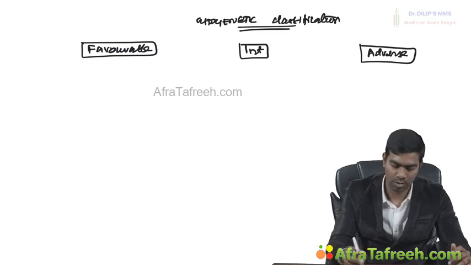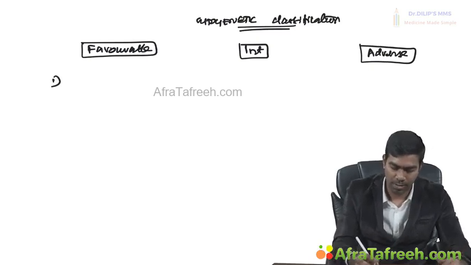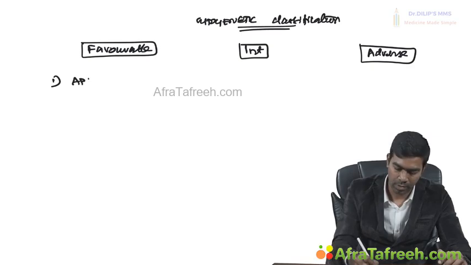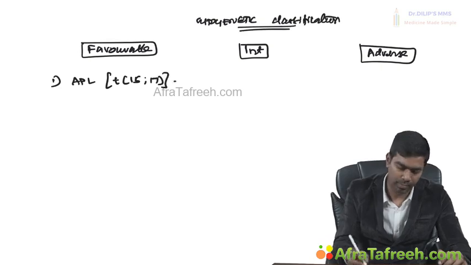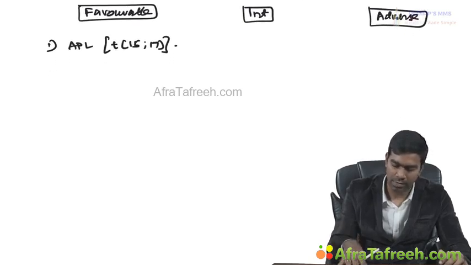Cytogenetics has worst prognosis. The favorable one, you have this typical APML, or APL, which is associated with T15;17 translocation. Translocation 15 and 17.